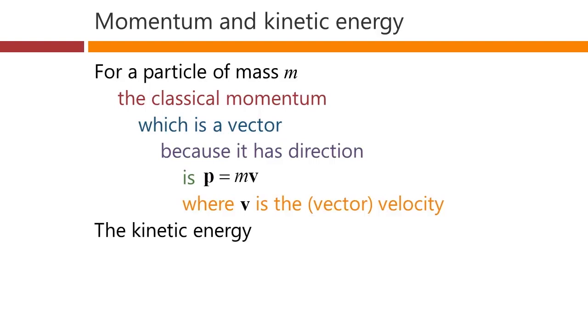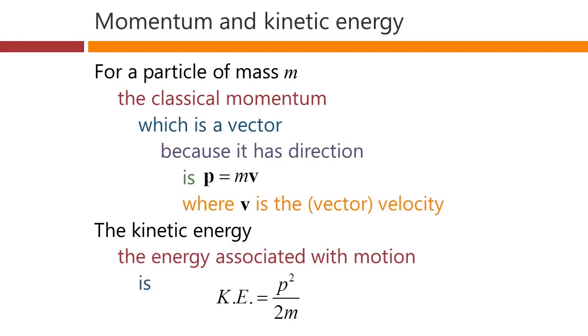also a vector. The kinetic energy, which is the energy associated with motion, we can write as p squared over 2m. You may be more used to the version that the kinetic energy is 1/2 mv squared, that's mass times velocity squared divided by 2. These are the same thing in ordinary classical mechanics.